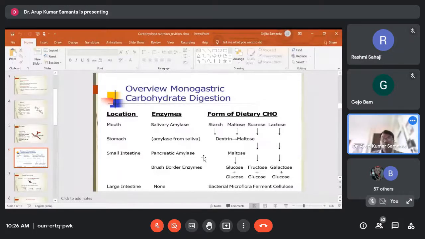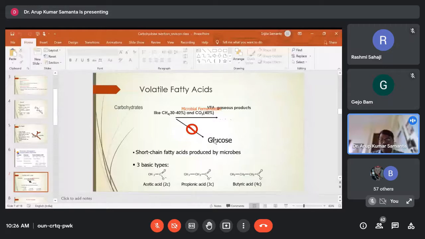And if we compare it with ruminant species, what is the difference between these two, ruminant and non-ruminant species? In ruminant species, you won't find glucose as an end product of carbohydrate digestion. What will be there? You will find volatile fatty acids and gaseous products.